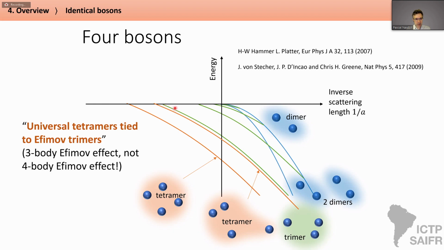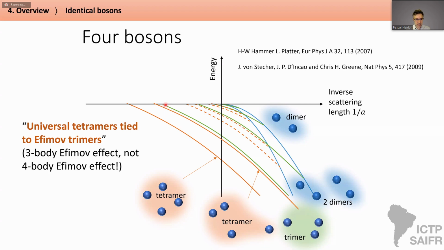And the interesting thing is that this pattern repeats itself for each Yefimov trimer. So for all the excited Yefimov trimers, there are also 4-body states which follow the same structure.